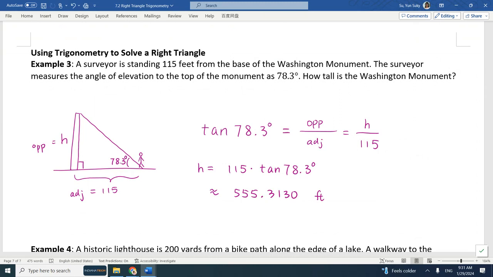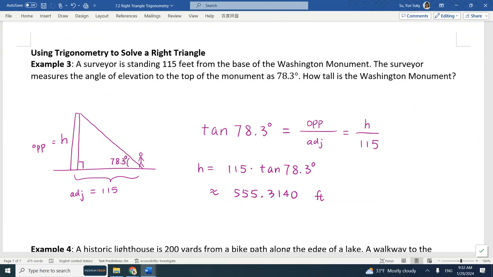Then draw the picture, and then we figure out the angle, and then we figure out the side. What is the opposite, adjacent or hypotenuse? And then depending on the side, we can figure out which trig function to use. Okay? And then we solve for the unknown.